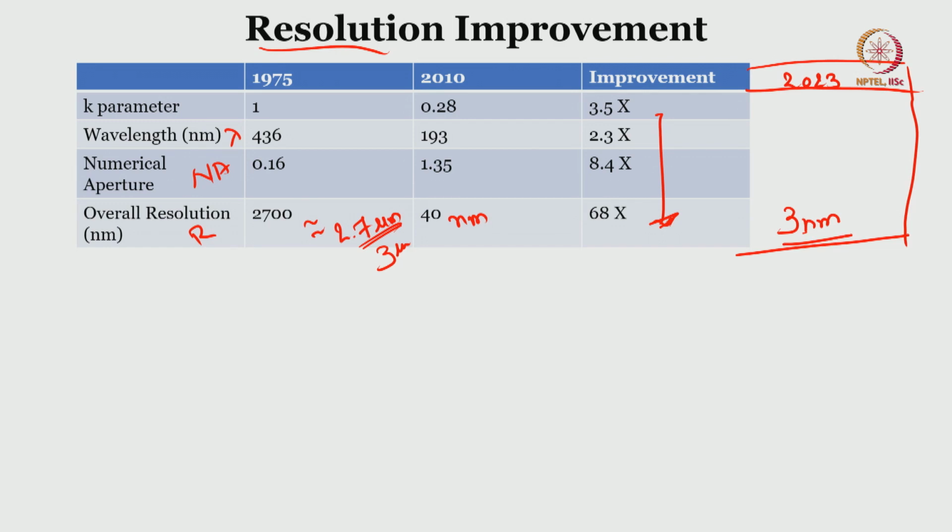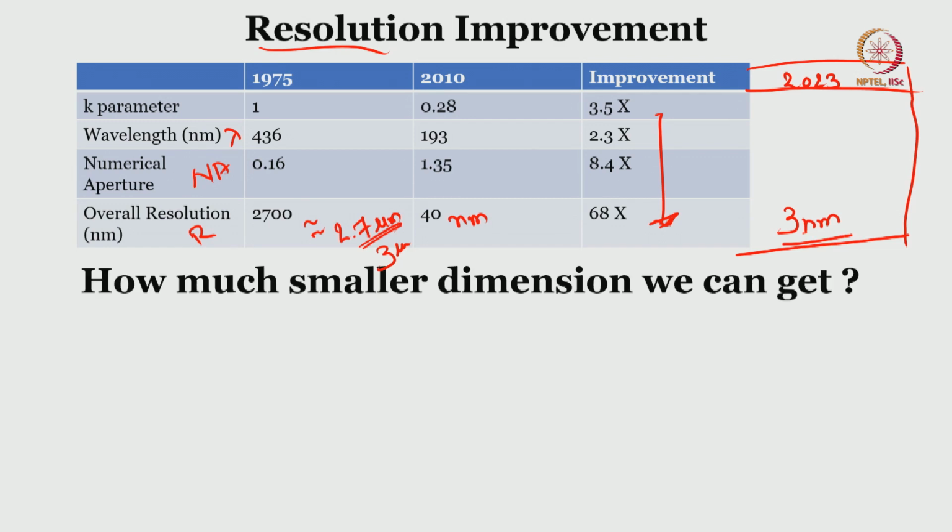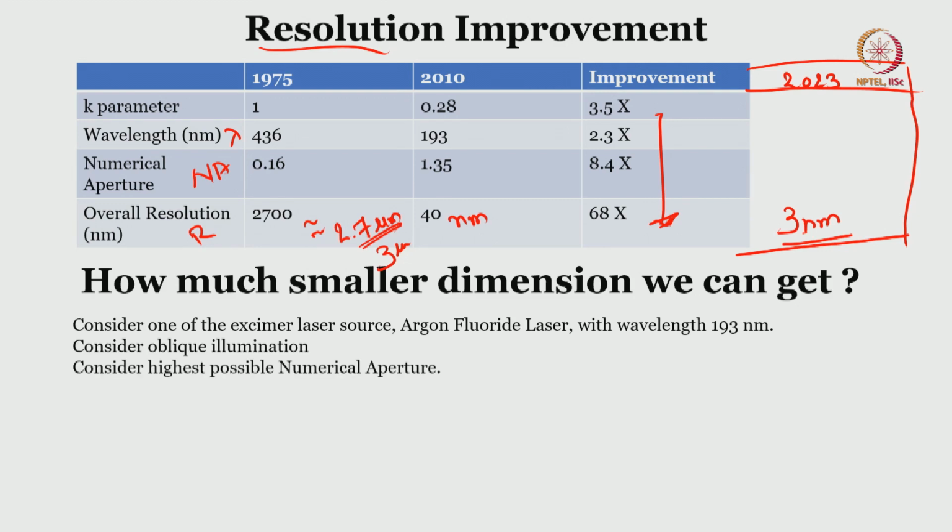I wanted to explain a little bit on how much smaller dimensions we can get. Consider one excimer laser. I wanted to give a best case scenario, so consider an argon fluoride laser, so that you should know the wavelength is 193. Use oblique illumination, which I have shown before, with K value 0.25. Consider the highest numerical aperture, check whatever highest you can get.